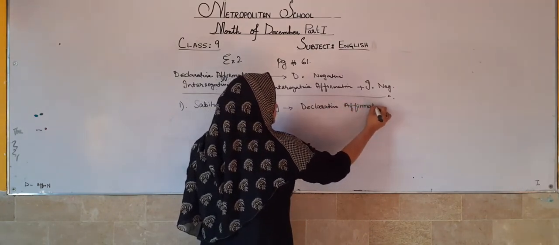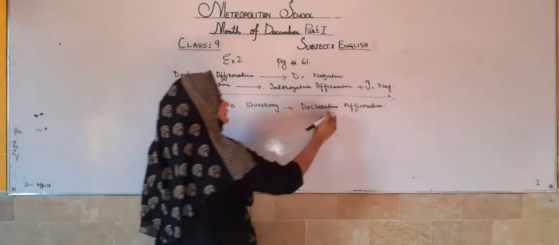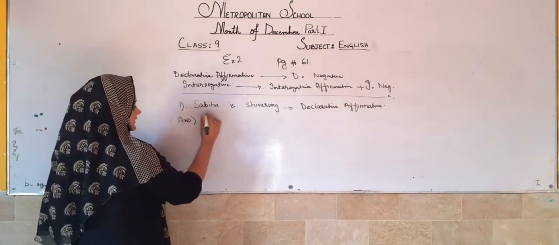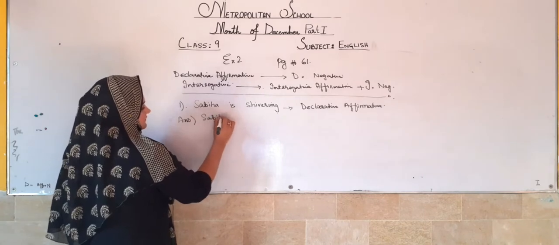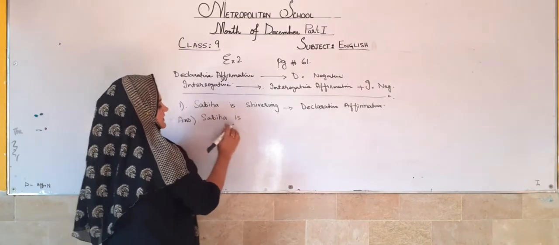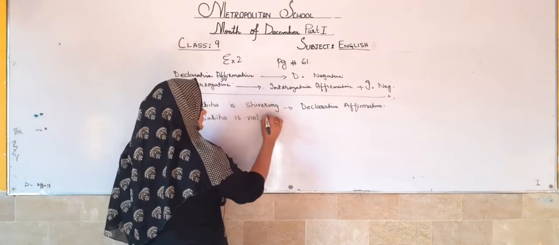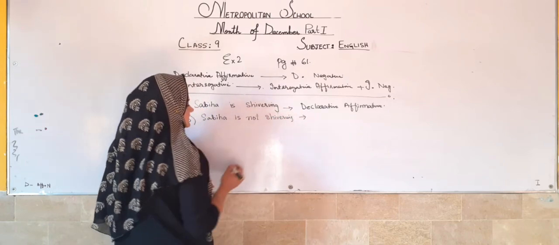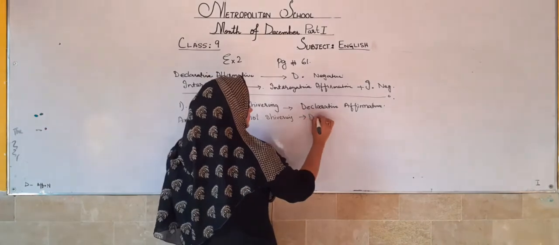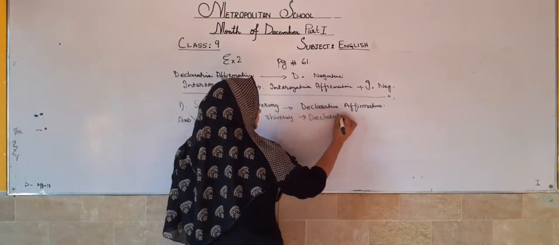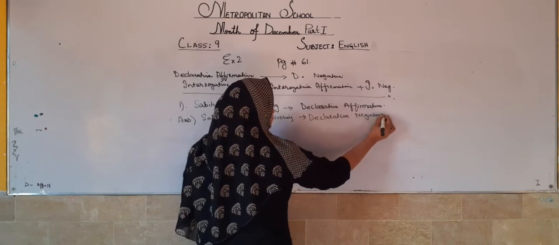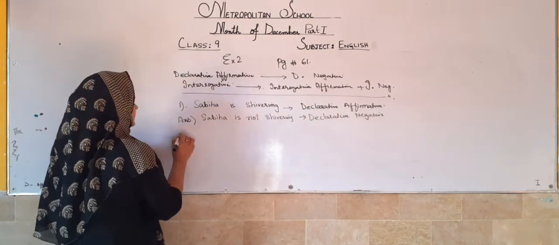So I need to change it into negative. How will I change it? Sabiha, by adding not. Okay, Sabiha is not shivering. Now, which type of sentence is this? Declarative negative.